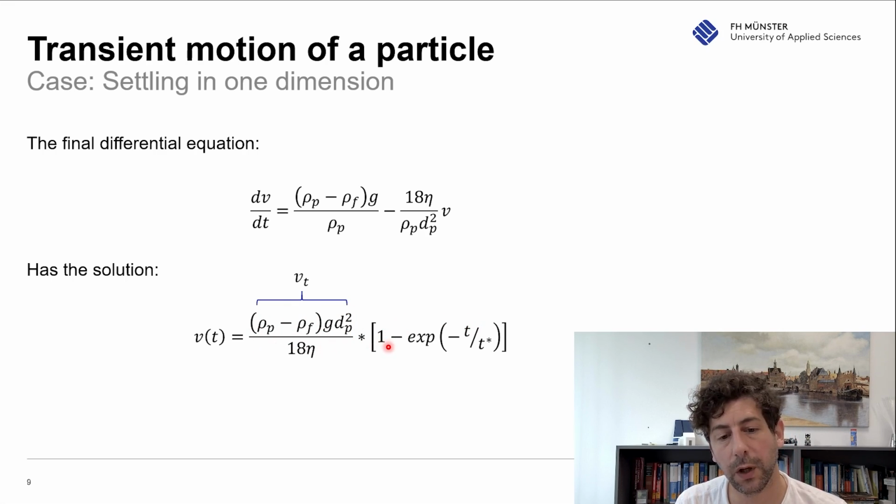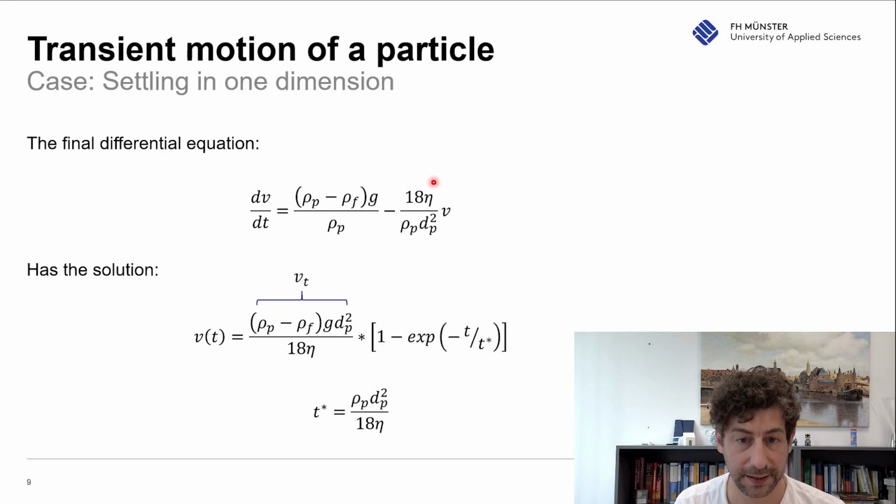And then we have 1 minus e to the power minus t. T is the variable, t changes: 1 second, 2 seconds, 3 seconds, and now we have a t star. And the question is, what is t star? And t star is basically the inverse of this expression here, so density of the particle times diameter squared divided by 18 times viscosity.